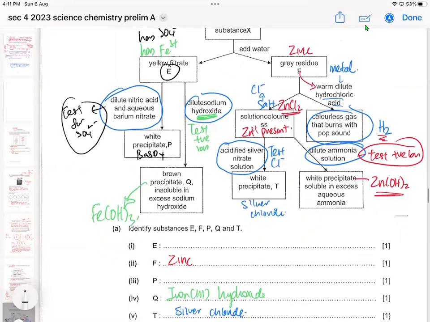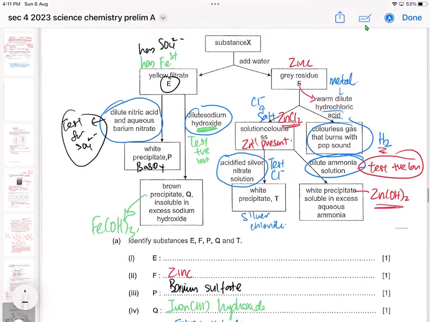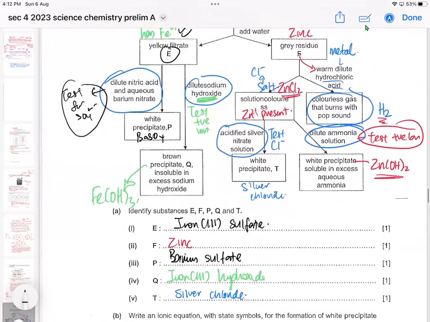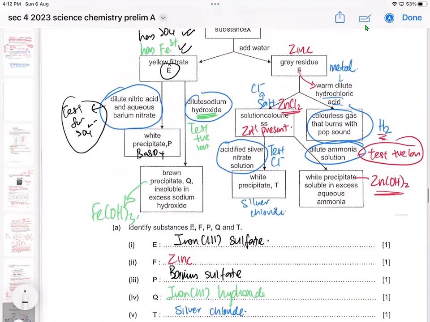So the P, we would have barium sulfate, which means that substance E has both sulfate ion and iron 3 ion. This is iron 3 sulfate. Okay, simple. Any questions, anyone?